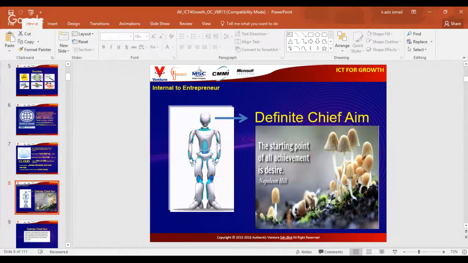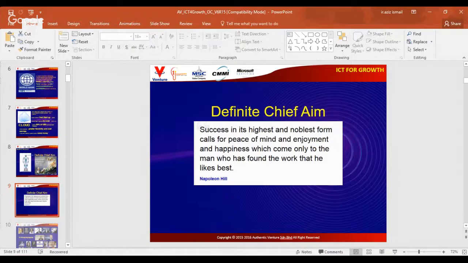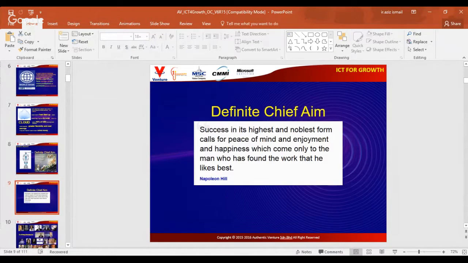I mean, the target is something that excites you, and you really have to work hard for it, and you'll be very proud if you can actually achieve that kind of target, correct? You can put your target 10 years, 15 years, even 20 years, 25 years, it doesn't matter. It's something that you want to achieve. This is the definite chief aim.